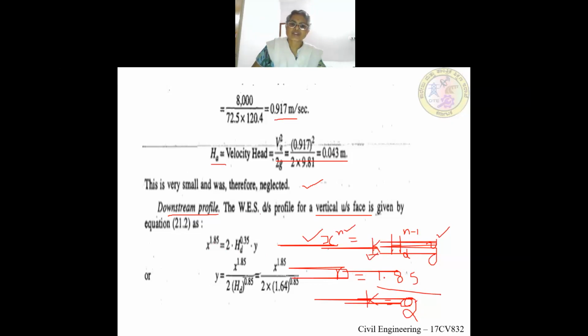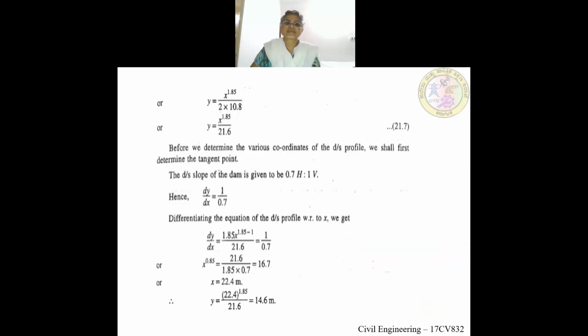For k we are substituting 2, HD to the power of n minus 1. So 1.85 minus 1 is 0.85, it is not 0.35, it is 0.85, into y, and this is 16.4, whole raised to the power of 0.85. Sorry, there were some mistakes here. From this you will get an expression for y. So x and y are related like this.